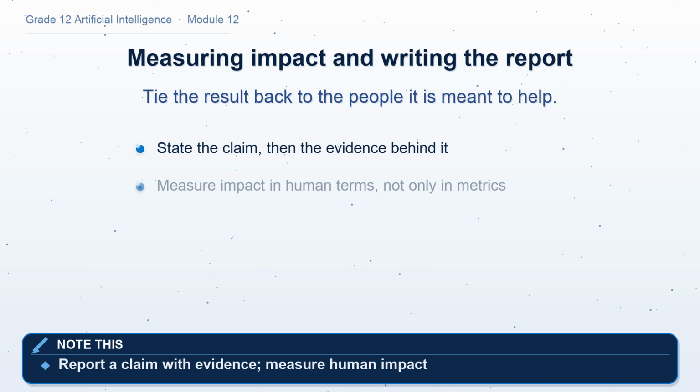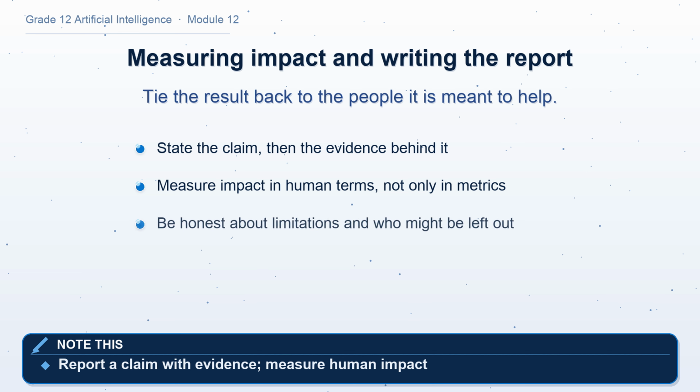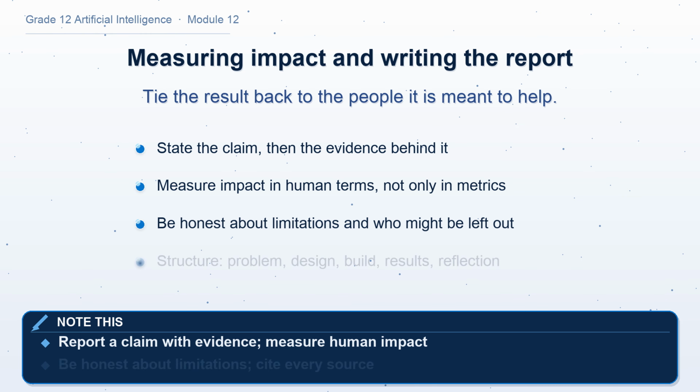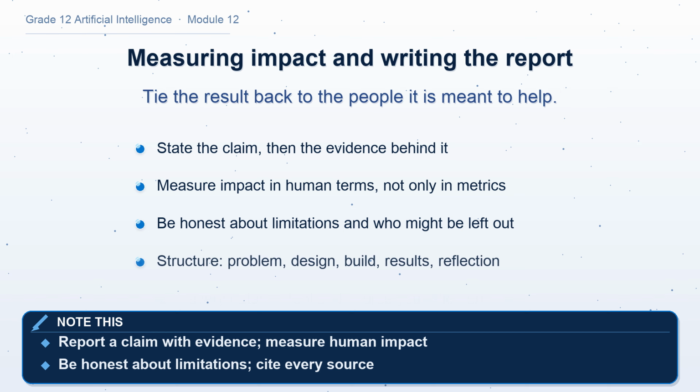Be honest about limitations and about who your data might leave out, such as crops or lighting it never saw. Structure the report so a reader can follow the whole journey: the problem, the design, the build, the results, and your reflection. And cite every dataset, tool, and source you relied on honestly. A well-written report is what lets your work be trusted and defended.